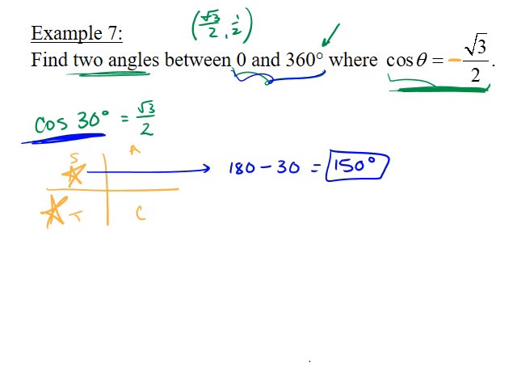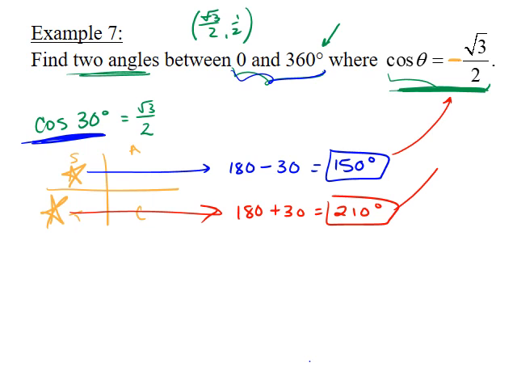Furthermore, if I want to find the angle in the third quadrant, I can take 180 degrees plus 30 degrees to get 210 degrees. This is another angle that has a reference angle of 30 degrees. Both of these angles result in a cosine of -√3 over 2. And both of these angles are in fact between 0 and 360 degrees. Not so bad.